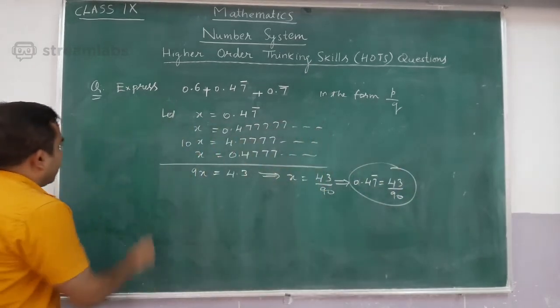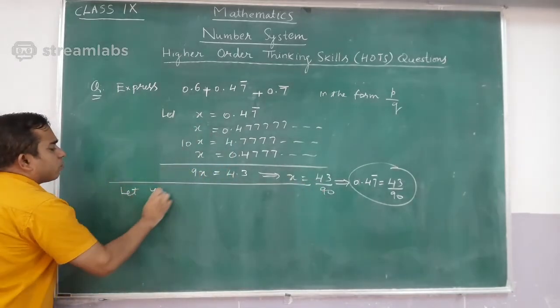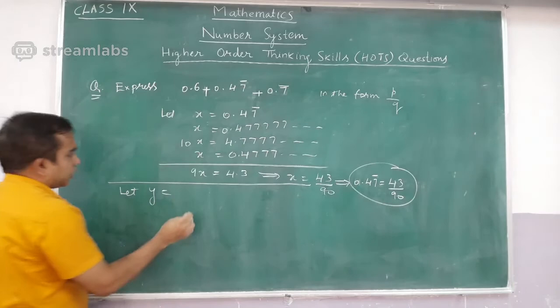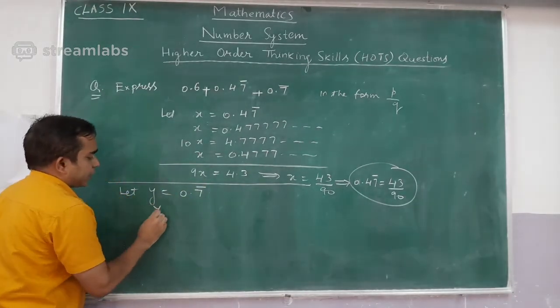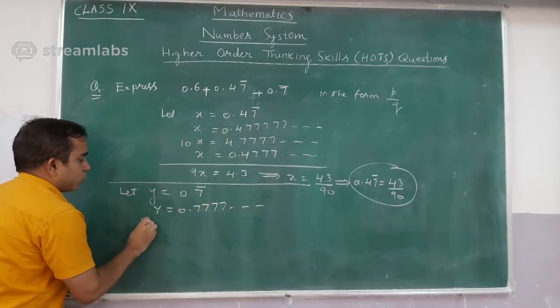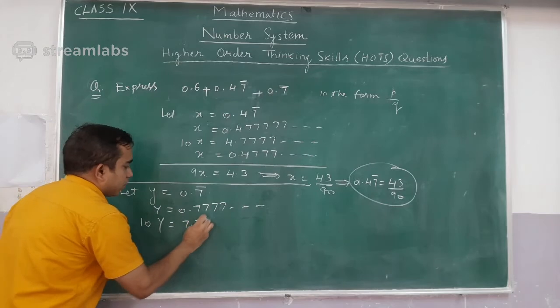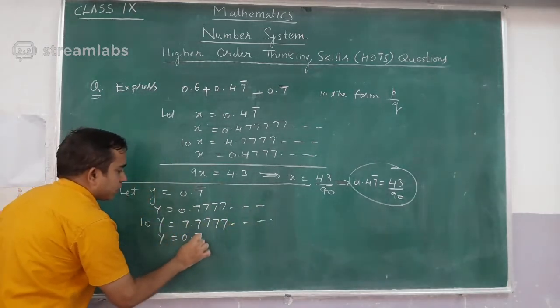Right. Now let y equal 0.7 bar, written in expanded manner as 0.777, etc. Multiply both sides by 10. Write again below this.